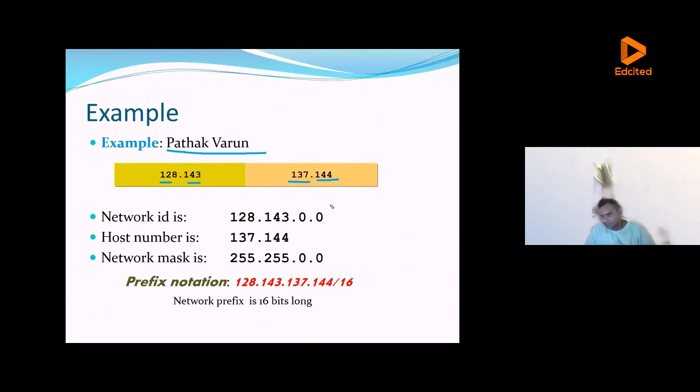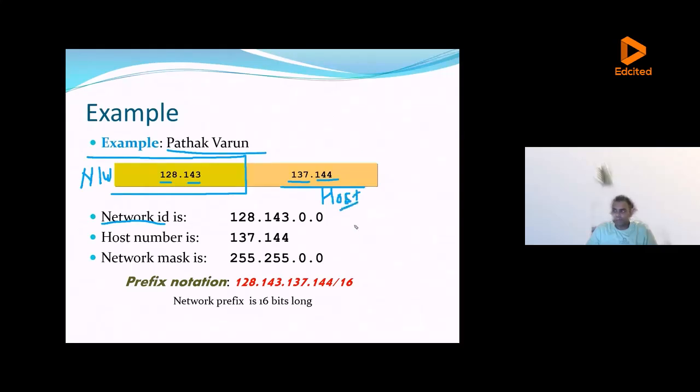Okay. So in this IP, half of the part is my surname, which is my network name, and half of the part is my host name, which is my unique name, my first name. Correct?